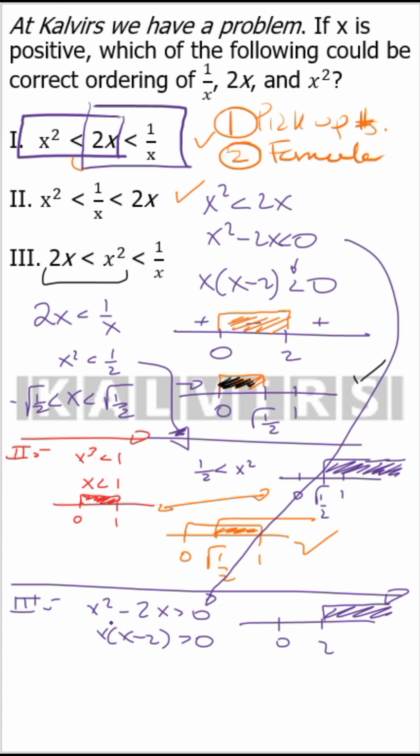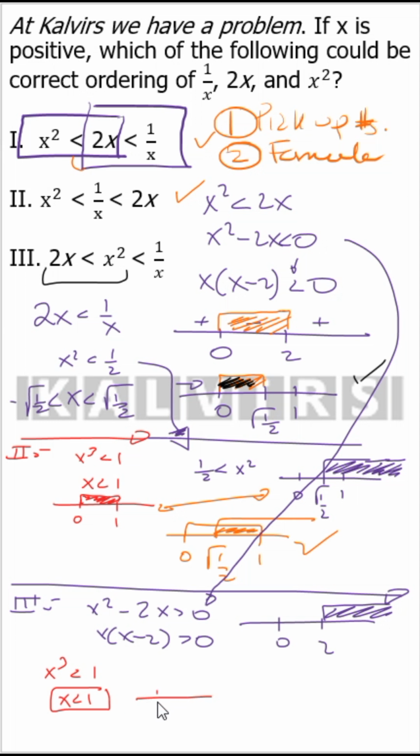Okay, what about the second part? The second part says x cubed less than 1. Well, this is the cube root of the first, the cube root of the second, so it is x less than 1. Why are we doing this? It's because both sides are positive, because x is positive.